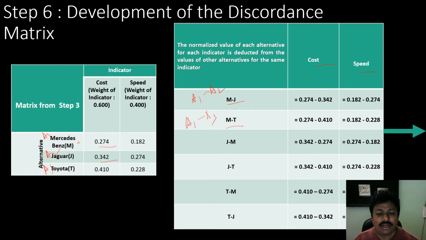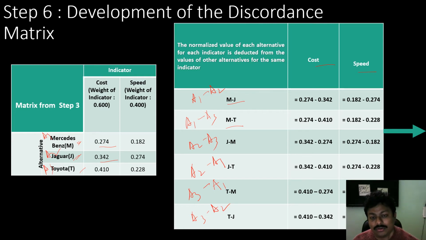Then A2 minus A3, this is A2, this is A3. And then A2 minus A1, this is A2, this is A1. And lastly, A3 minus A1, and then A3 minus A2.